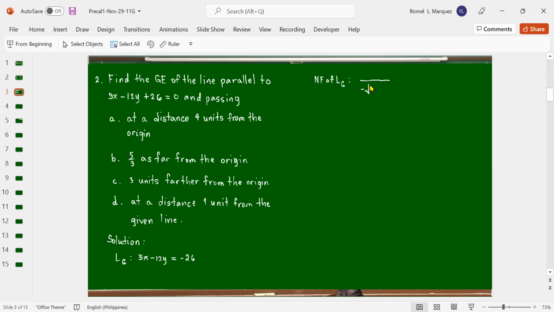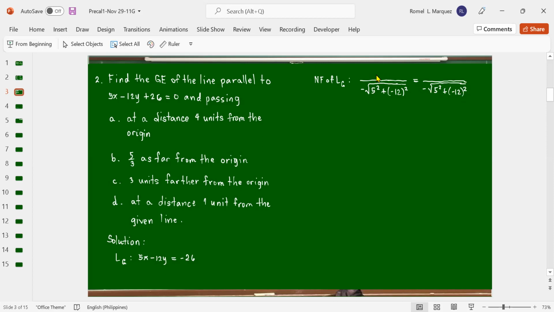So negative square root of A squared plus B squared: negative square root of 5 squared plus negative 12 squared.